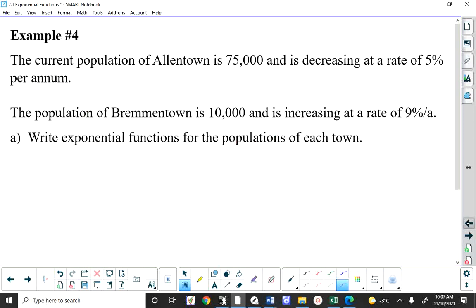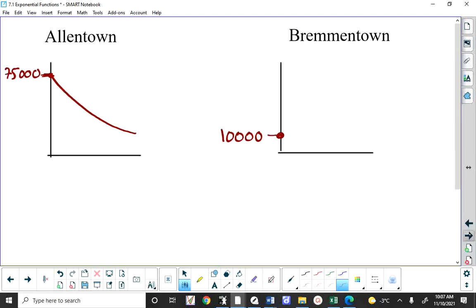Now, I'm not so sure that this is intuitively obvious to everybody, but take a look at the rate of change of the populations. Allentown is losing 5% every year. Brementown is gaining 9% every year. So to me, it's kind of intuitively obvious that Brementown increases at a greater rate than Allentown decreases.